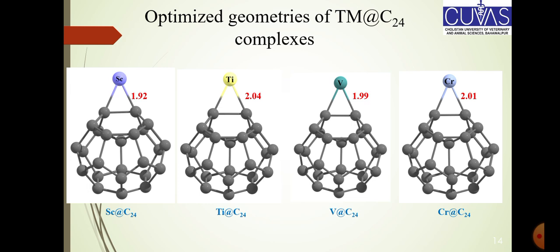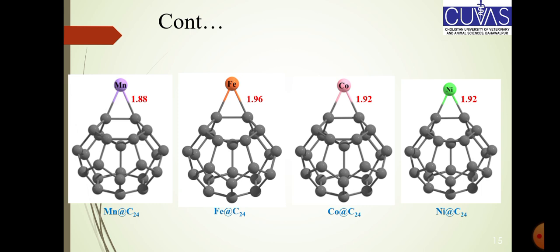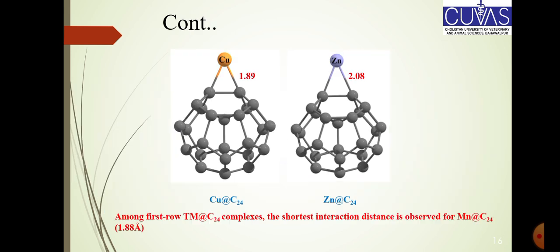Next, the optimized geometry of transition metal doped complexes. Here is a pictorial representation of transition metal doped C24 complexes along with their interaction distances. The interaction distances between the transition metal and C24 nanocage complexes are in the range of 1.88 angstrom to 2.08 angstrom, which primarily reveals the chemisorption between the metal and carbon nanocage atoms.